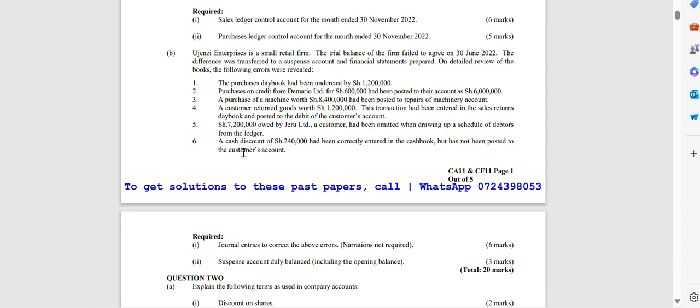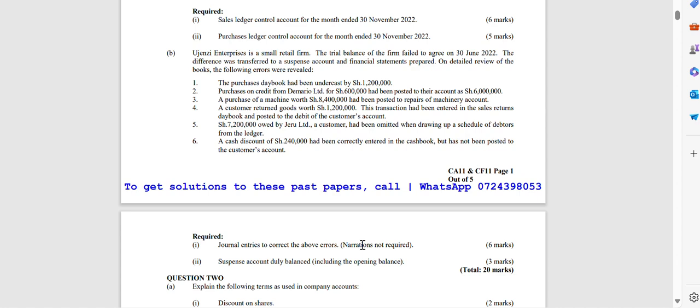But the question can be in two forms. You are provided with the opening balance, meaning your suspense account should balance. Every time you are provided with an opening balance in the suspense account, the opening balance here means that difference in the trial balance that made the trial balance not to balance. That difference is what we call the opening balance.